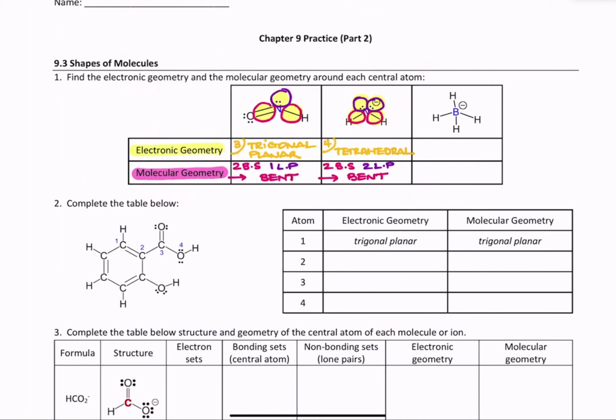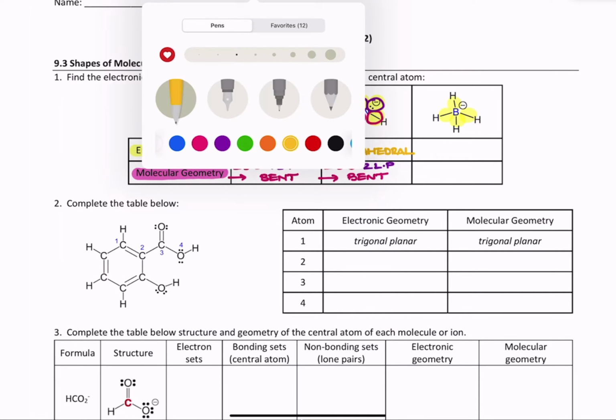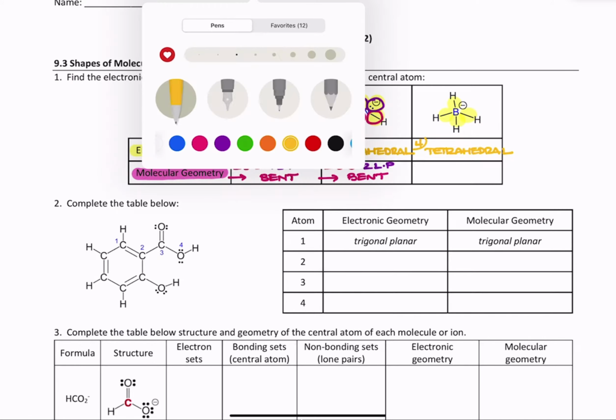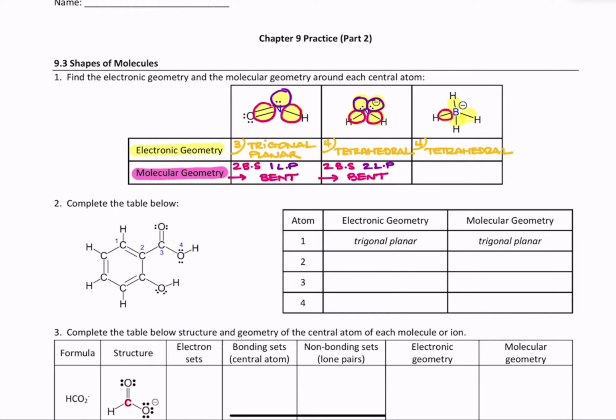Last one, 1, 2, 3, 4 sets. Therefore, again, the electronic geometry is tetrahedral. Out of these 4 sets, all of them are bonding, so 4 bonding sets and no lone pairs. Therefore, my shape, my molecular geometry, is tetrahedral as well.